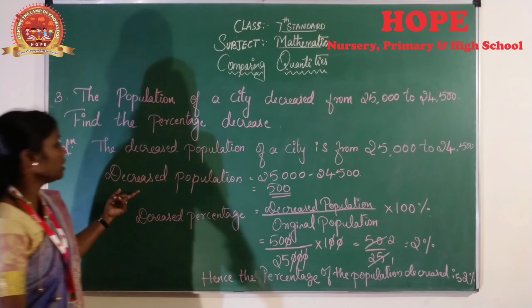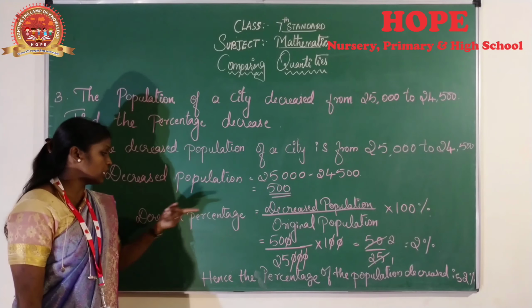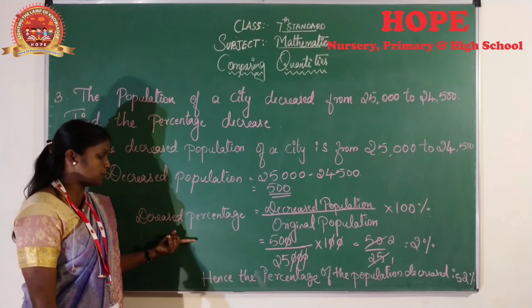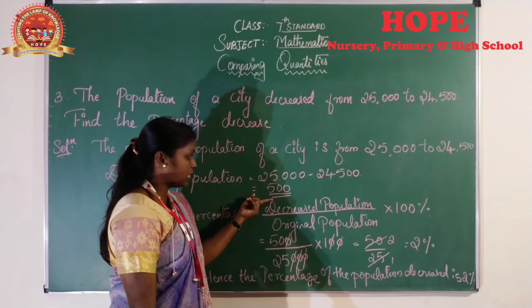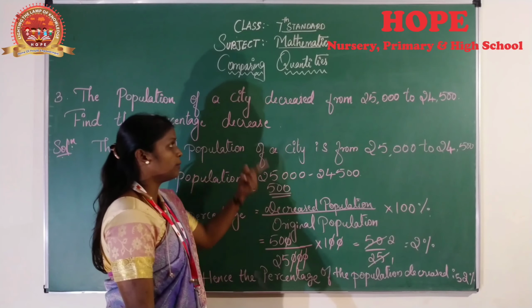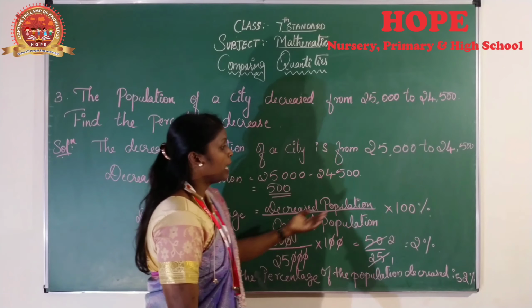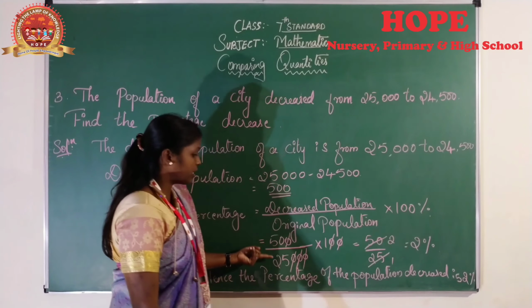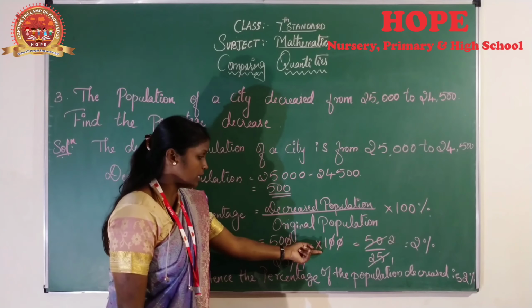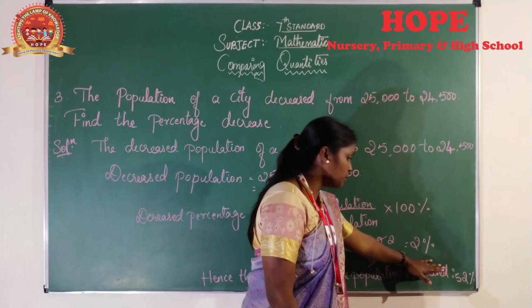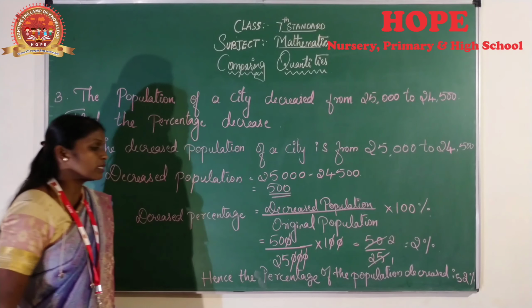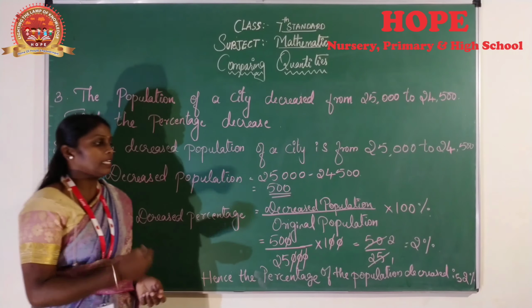Okay. Firstly, we have to find out the decreased population, then the percentage of the decreased population. To find that, the number of people it has decreased by is divided by the original population, that is 25,000, into 100. So 500 divided by 25,000 into 100. After the cancellations, the percentage will be 2%. So this is the percentage of the population decreased.